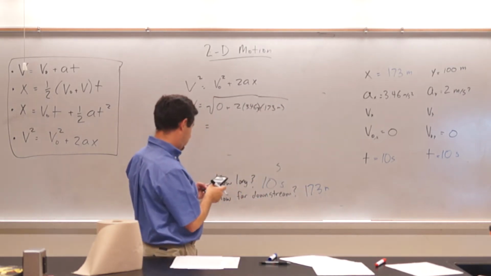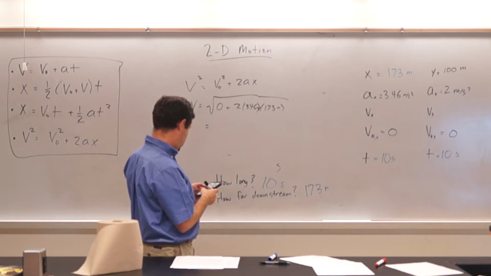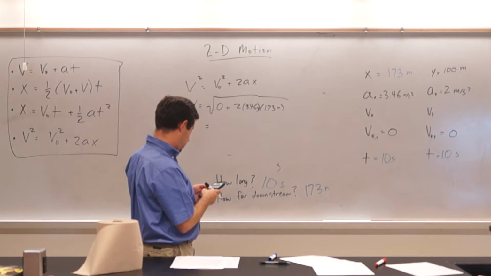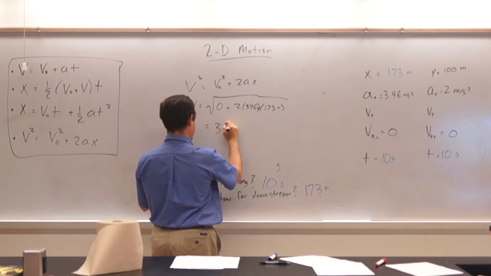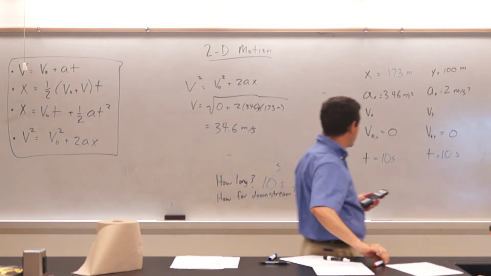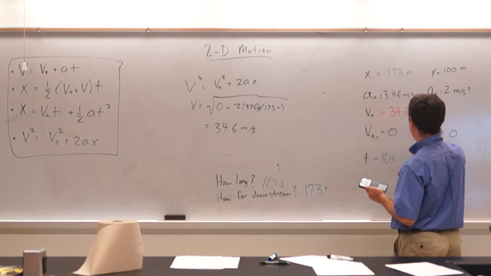So you end up getting 2 times 3.46 times 173, and that is about 34.6 meters per second.